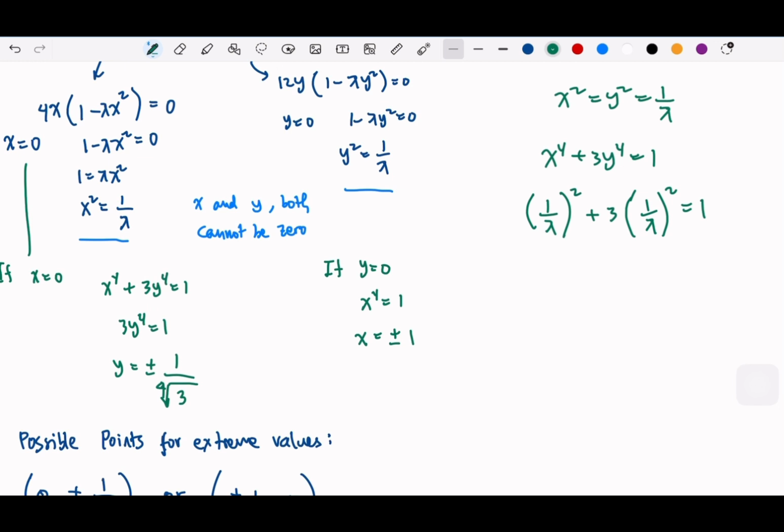Then we need to solve these equations. So we have 4 over lambda squared, so lambda is plus minus 2.